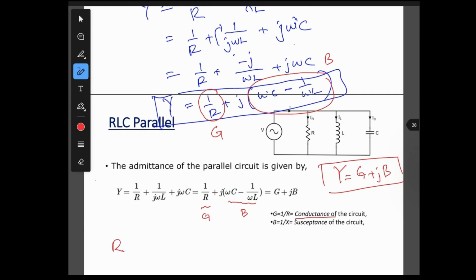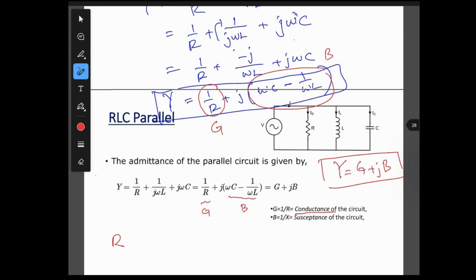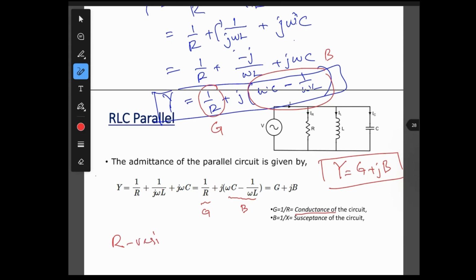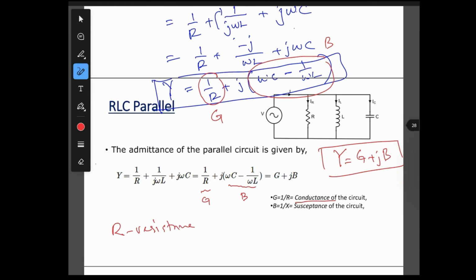Resistance is R, and it blocks the current flow. G is 1 over R, the inverse of the resistance, which is conductance, and it allows current flow.